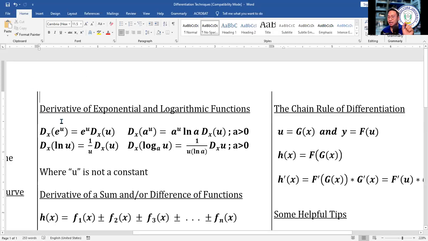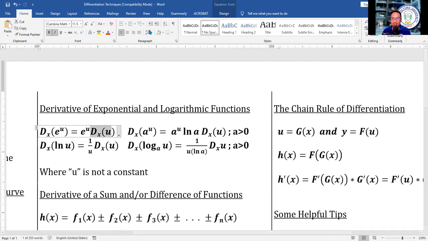But if it's not just x, let's say 2x something, 3x something, there's more that you need to do. And this is very easy, guys. So the derivative of e to the u, again, u is not a constant, it's an expression, is very simple. The e to the u itself times the derivative of the u, and you're done. So let's take an example.